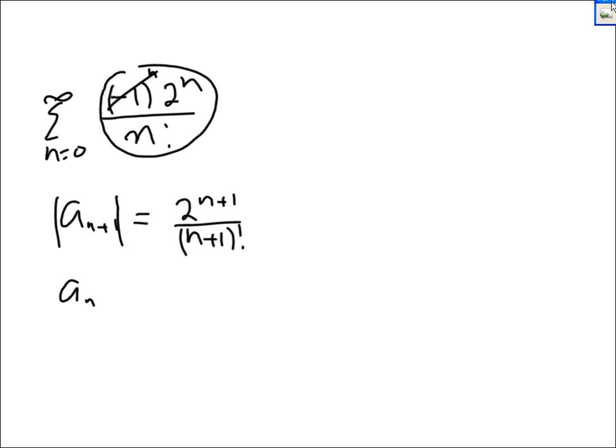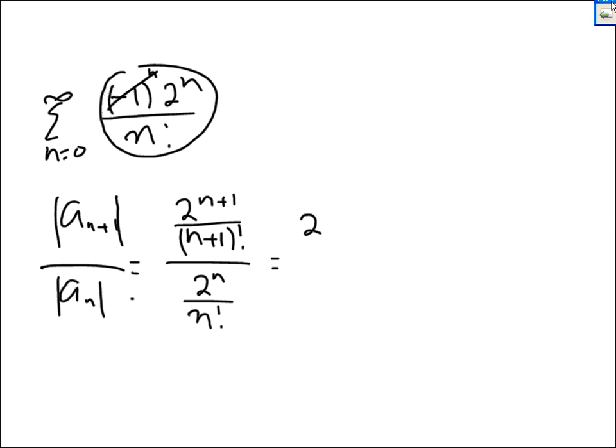And the absolute value of a sub n, ignoring the negative 1 to the n, is 2 to the n divided by n factorial. And we want to divide these. We want to know what we get when we divide those two.